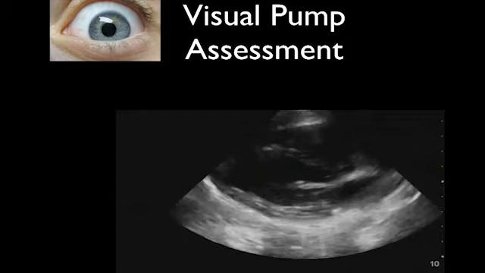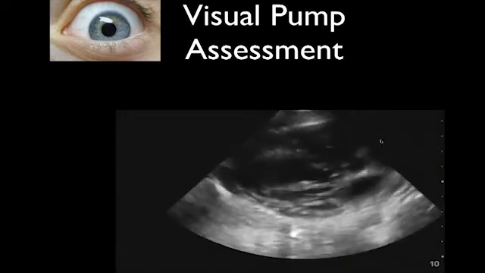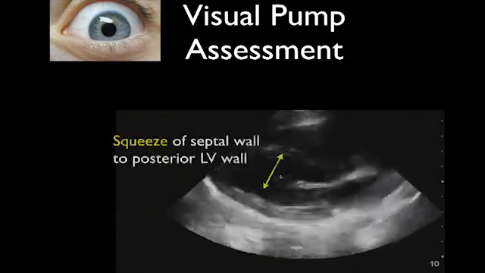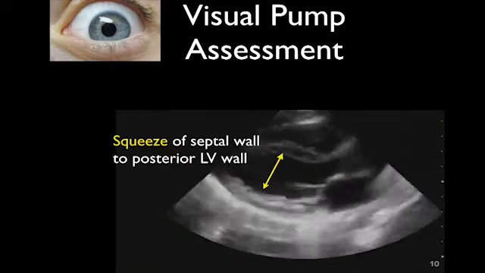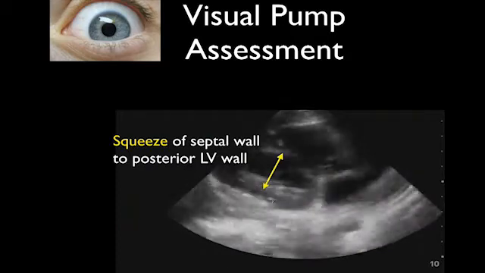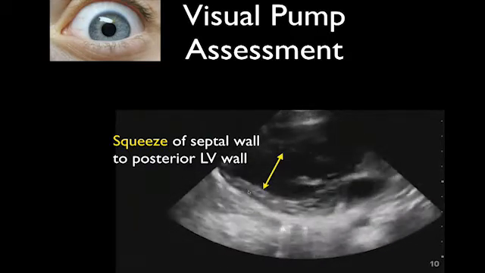Now, when I first started doing this, I was like, yeah, it's squeezing okay. But there are specifics that you can actually look at in the parasternal long axis view to evaluate this. So here we have right ventricle, most anterior, and you have the left ventricle. Now, first, you're going to look at the septum and the squeeze of the posterior wall of the left ventricle.